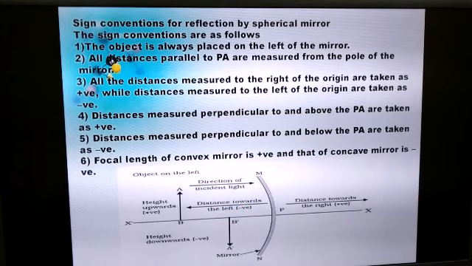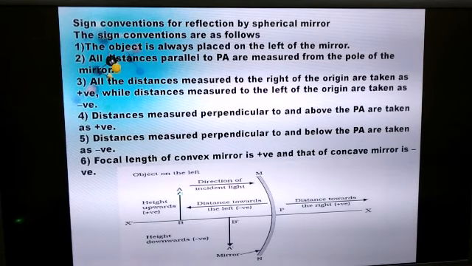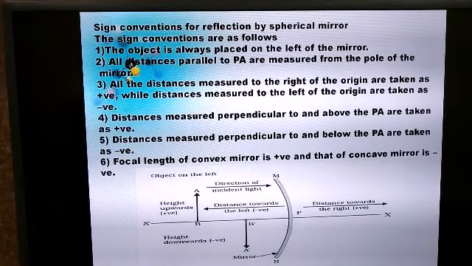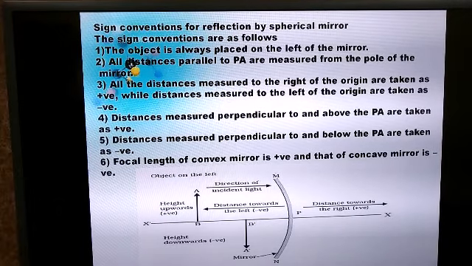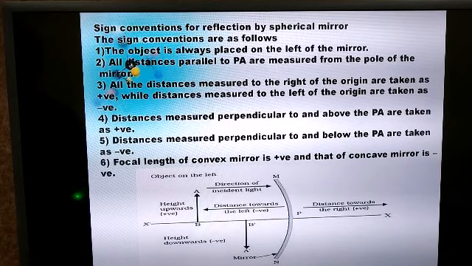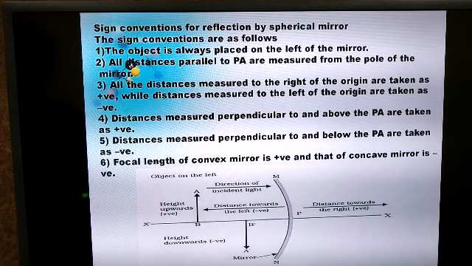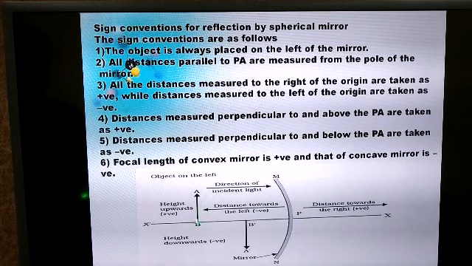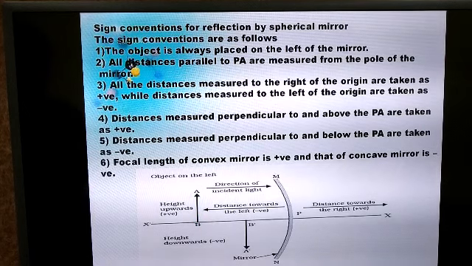Then the fourth convention says that the distances which are perpendicular to and above the principal axis are positive. So which distances are perpendicular to and above the principal axis? You can see the height of the object. The height of the object is above the principal axis. So this size of the object that we will measure, or this distance of the object from B to A, will be considered as positive.